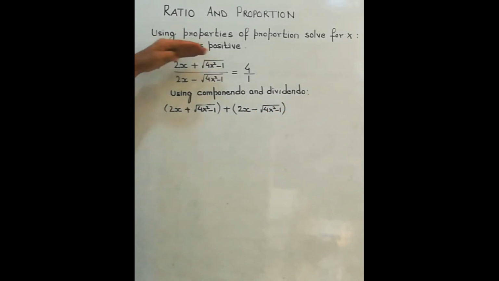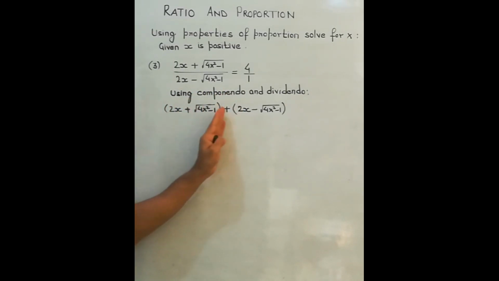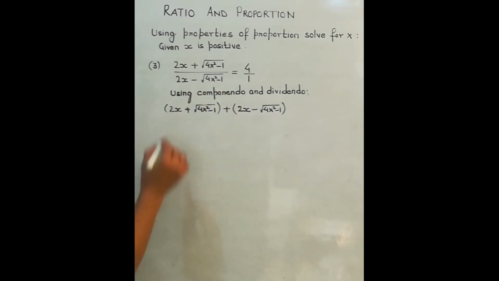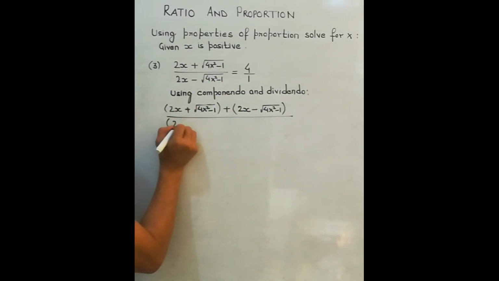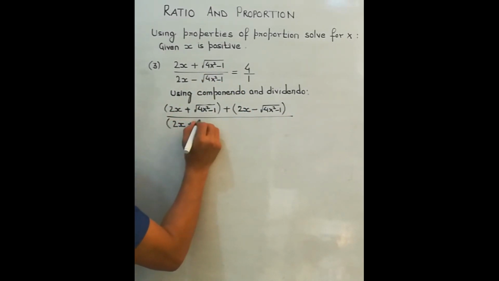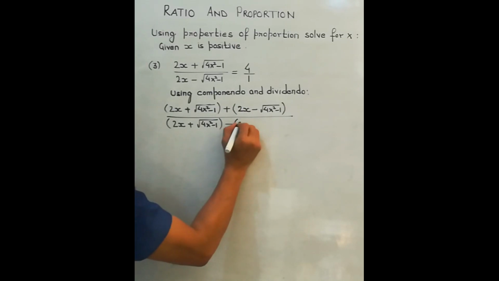So this was numerator, this was denominator. So I have used the property numerator plus denominator, and then on the left side this will be numerator minus denominator.